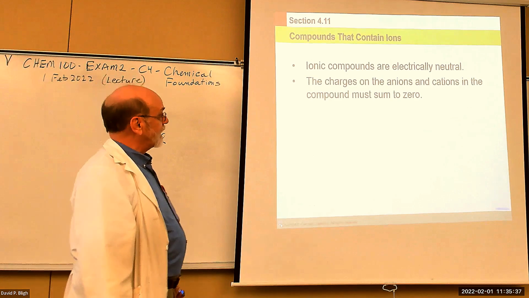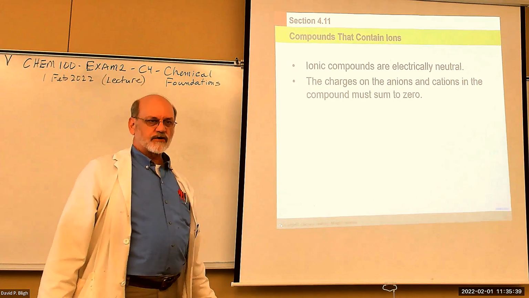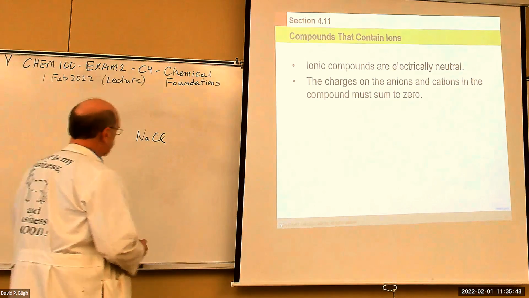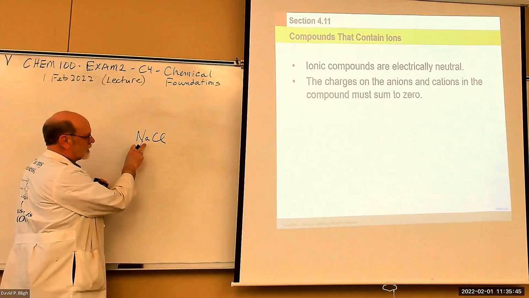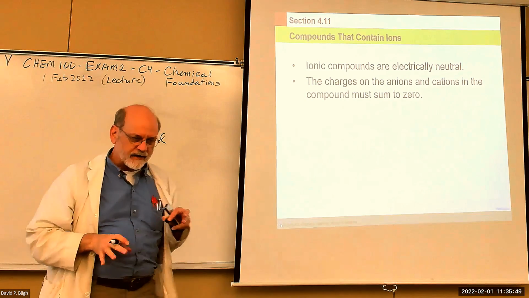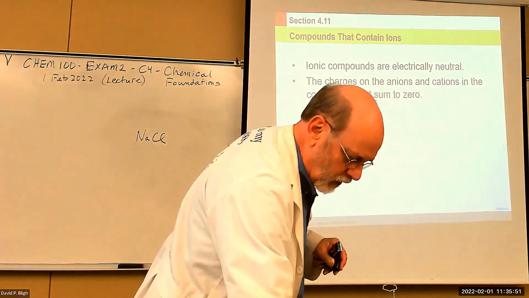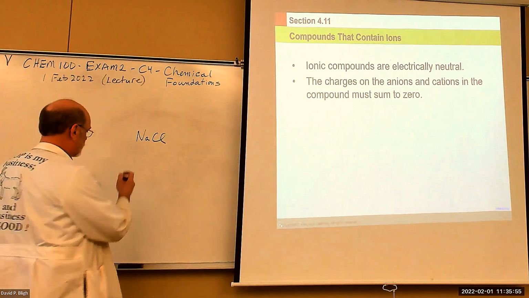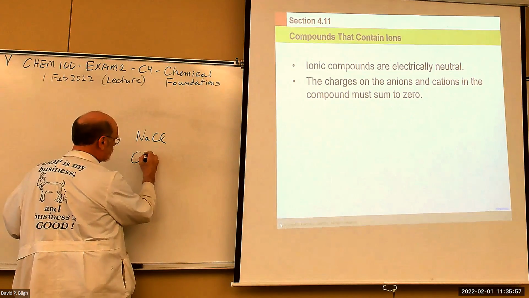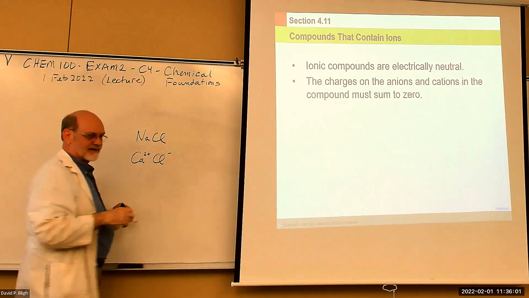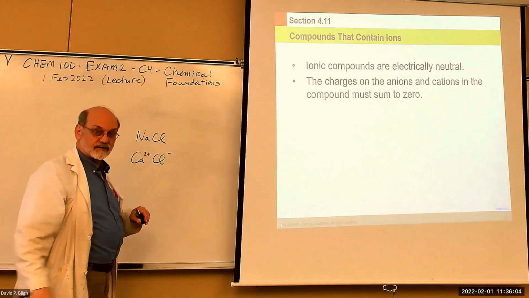So whenever we write an ionic compound, the charges have to balance. So let's say we form a compound with calcium instead of sodium. If you look on your periodic table, you'll find calcium in the alkaline earths, which means it has a +2 charge. So if calcium has a +2 charge and chlorine has a -1, how are we going to balance that charge?